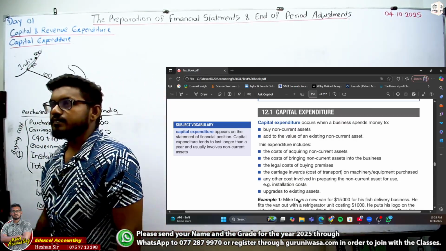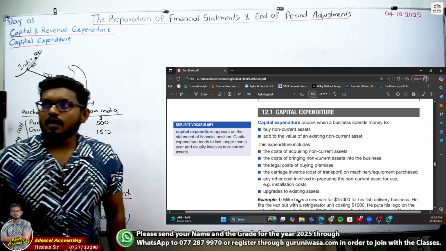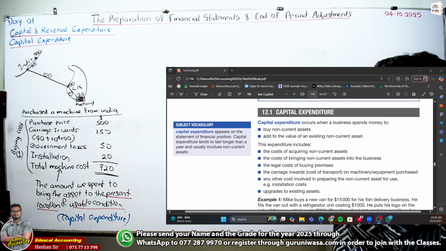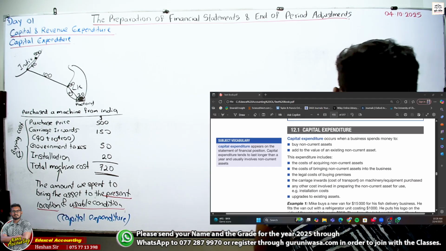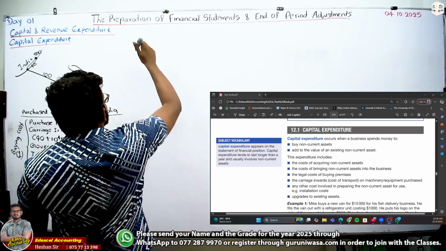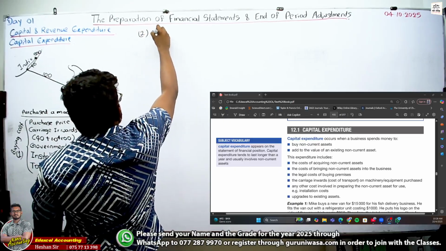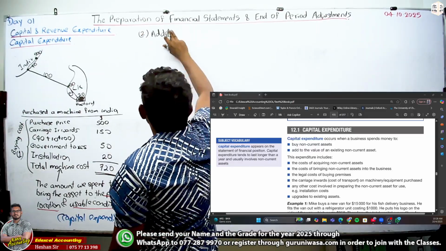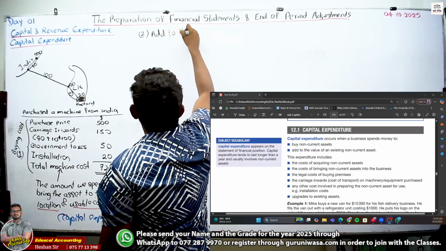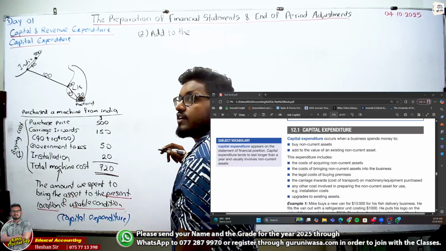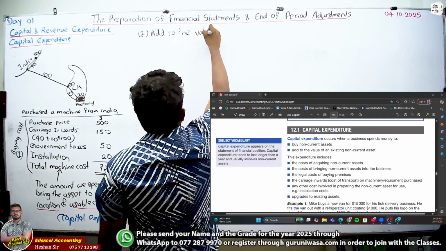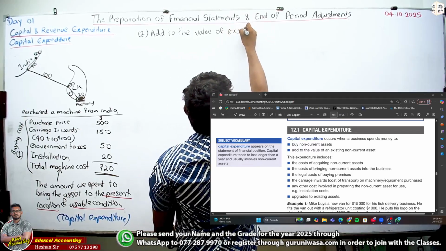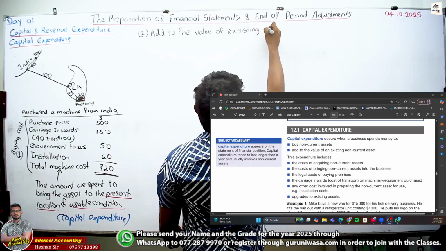And also, you can see the next one: added to the value of existing non-current assets.